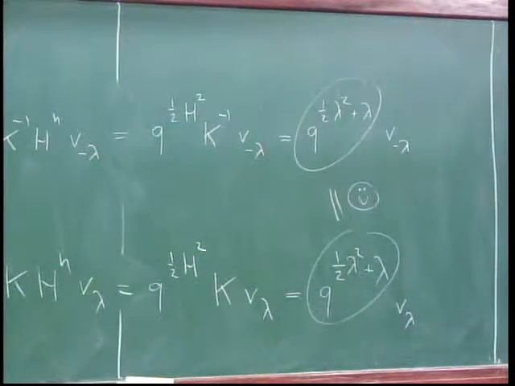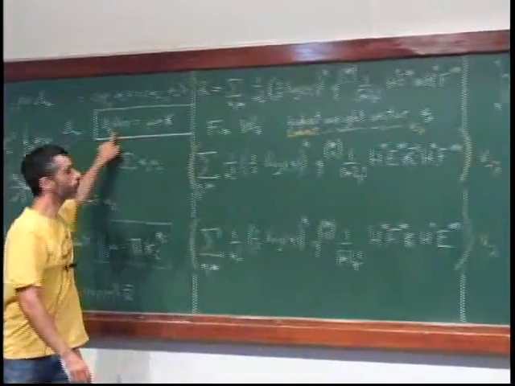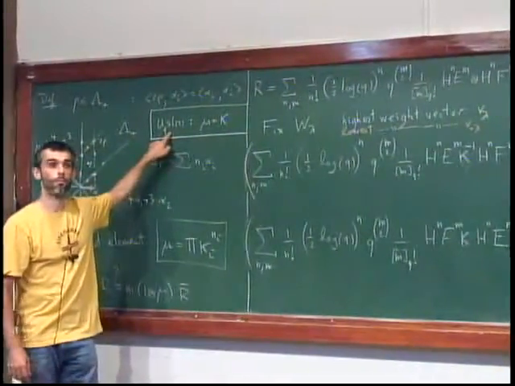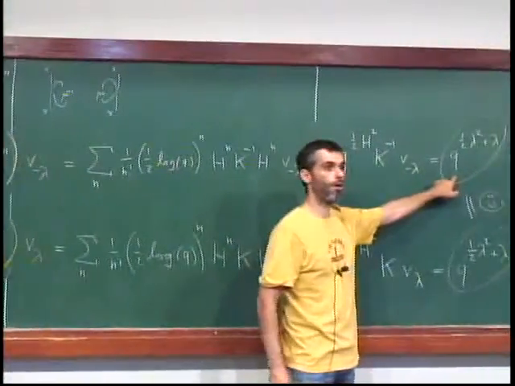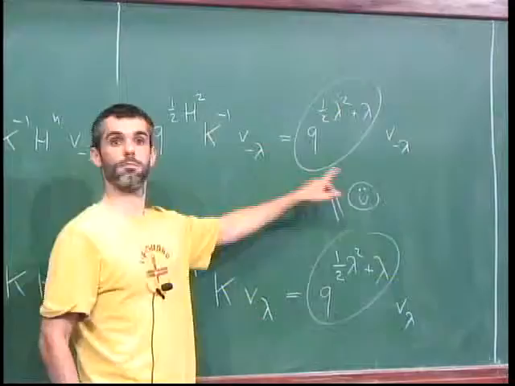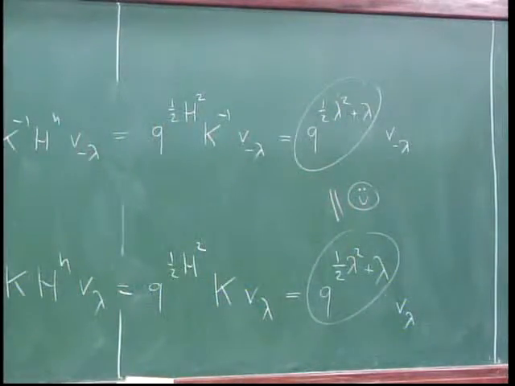As a bonus, we learn a nice formula for the twist of a representation of UQSL2. The twist is given by that scalar on the representation W lambda. So it's a pretty explicit formula.